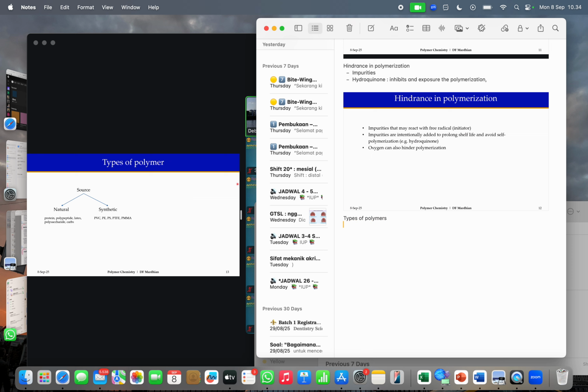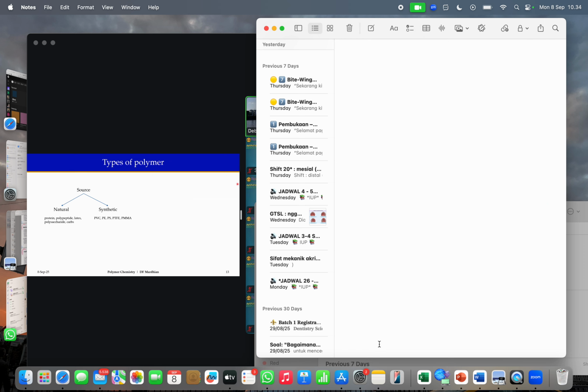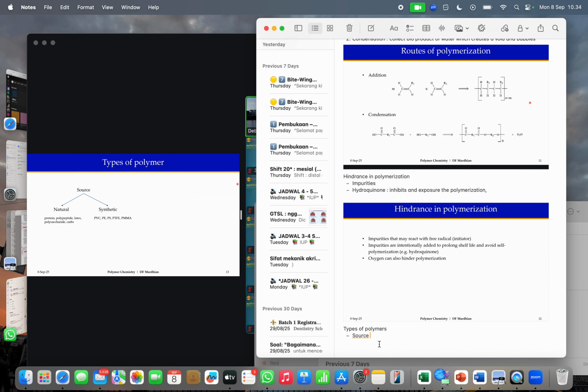And synthetic or man-made polymers like PVC, polyvinyl chloride, polyethylene, polystyrene, Teflon, and PMMA are used in dentistry. And if we look at their physical properties, like their responses to heat, we have thermoplastic and thermoset.